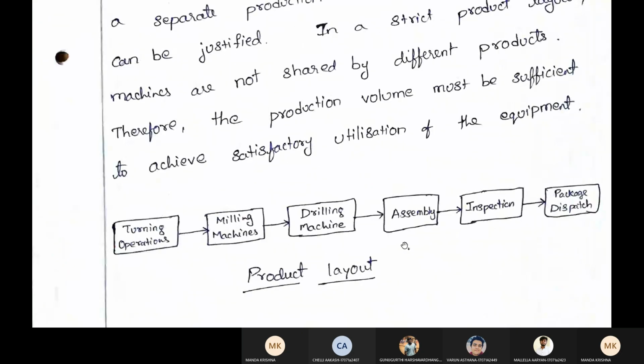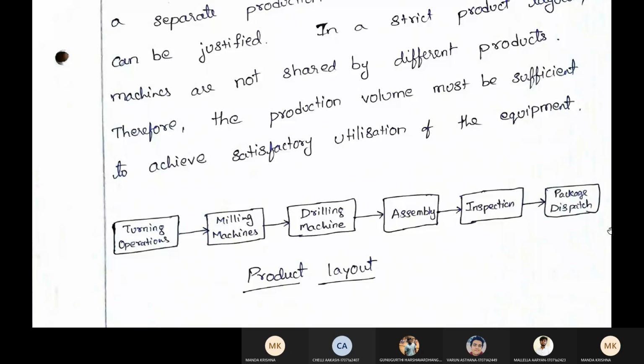This is the product layout. Suppose, for example, a particular product has to perform turning operations first, then milling, and then drilling. Next going for the assembly, and then inspection. Next going for the package, and then dispatch.